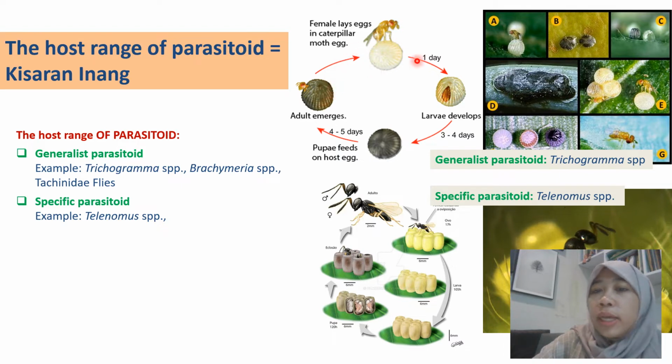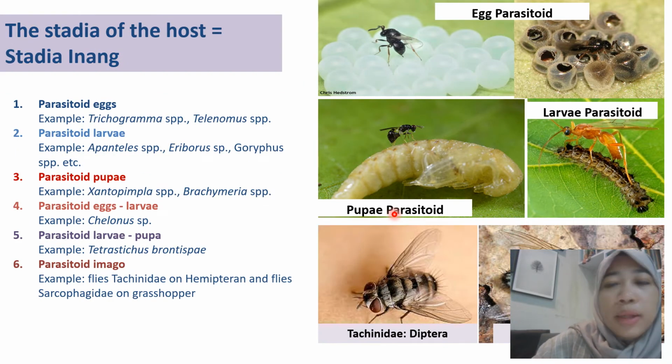And this process takes only 4 to 5 days, so it's really short. This is also an egg parasitoid, Telenomus. This is the stage of the host, tadi inang egg parasitoid. So they will only parasitize in the egg phase.